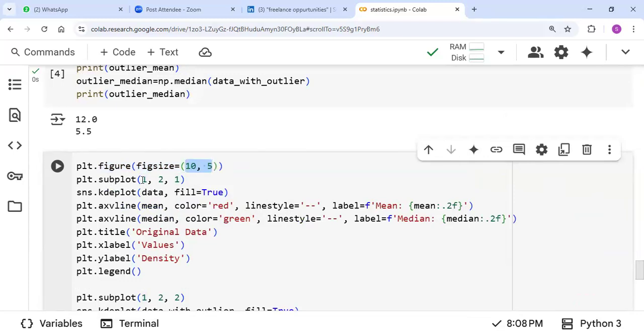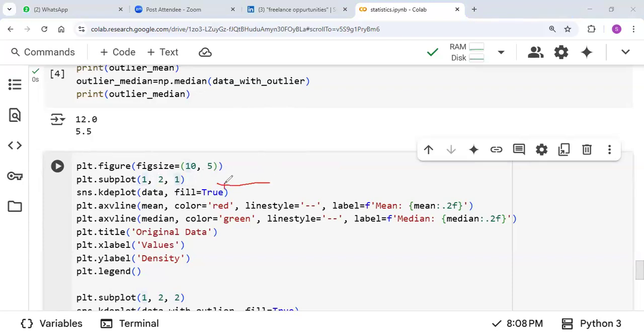And I'm going to have a subplot with one row, where this subplot consists of 2 columns. One row, which means 2 columns. I'll try to improve my handwriting, guys.